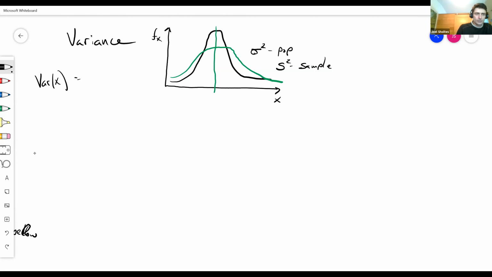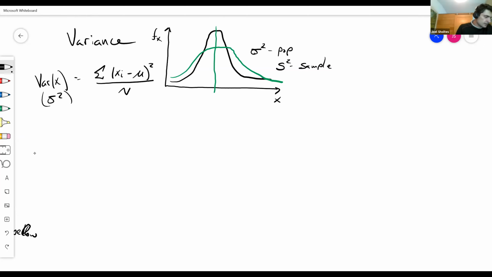So variance is going to be equal to the sum of our observations minus, sorry, this is just for the population, the mean value of the population, all over n. And this is also known as sigma squared. So this is our individual observation, here's our mean value, and here's the total number of observations.